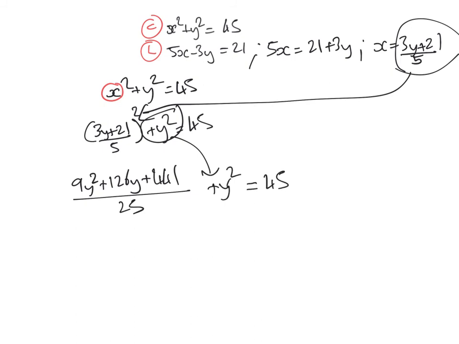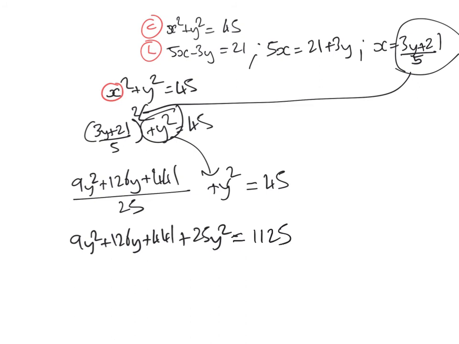So now we've got to get rid of the denominator. We've got to times everything by 25. So 9y squared plus 126y plus 441 plus 25y squared equals 1,125. Ugh, that's not pleasant, is it?